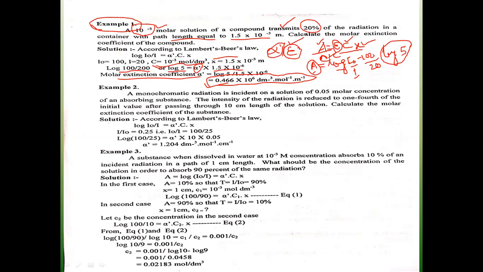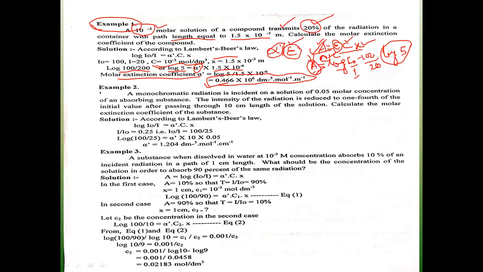If you know the transmittance, you can find out the absorption. That thing you have to know. And then the mathematical conversion of this formula you also have to do. Then you can solve this question or problem.